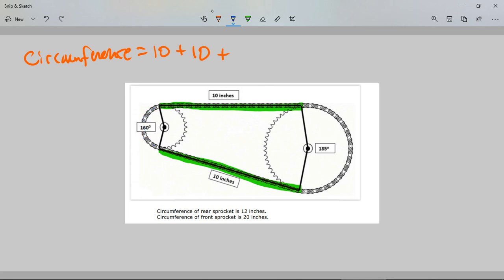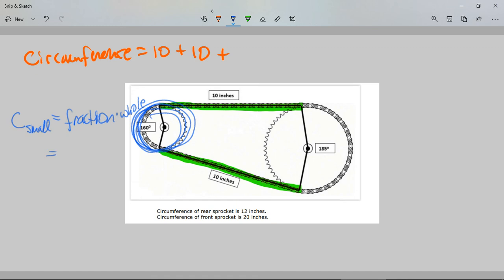Okay, so here's the thing. The circumference of this piece here, so the small gear, I'll just say small, is equal to the fraction of the whole thing.